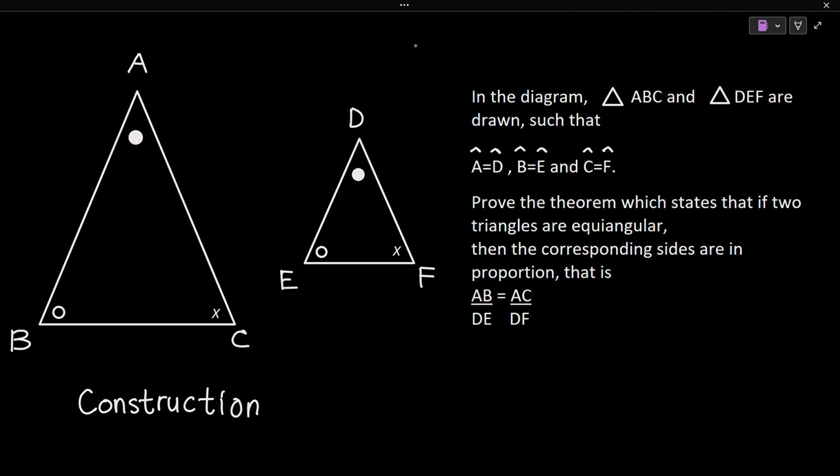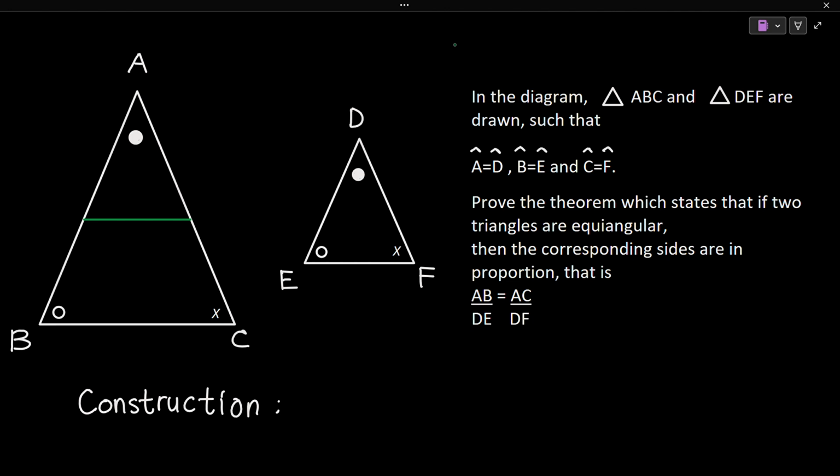So our construction for this proof comes in two separate parts. The first part is, on the bigger triangle ABC, we are going to draw a line from one end of the triangle to the other in such a way that the line that we draw needs to be more or less the same length as this line EF.